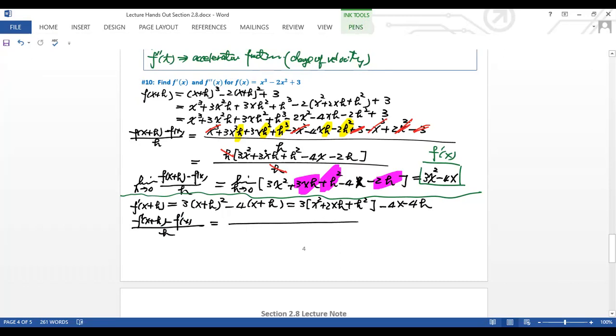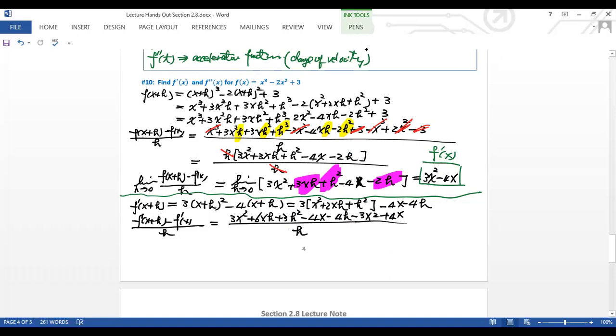So f prime of x plus h is here. So this is 3x squared plus 6xh plus 3h squared minus 4x minus 4h, then minus f prime x. So it's minus 3x squared, minus minus is positive 4x, and over h is here.